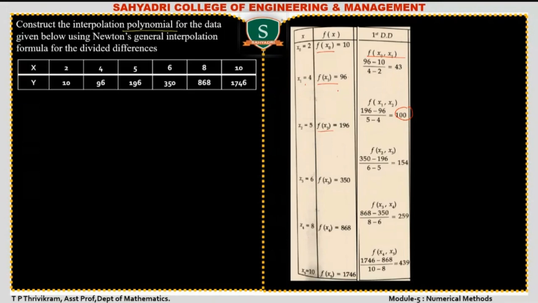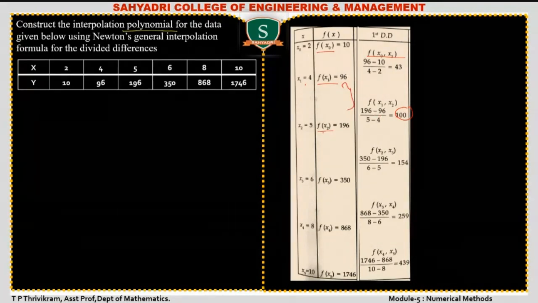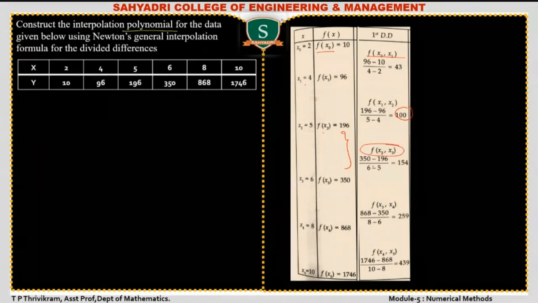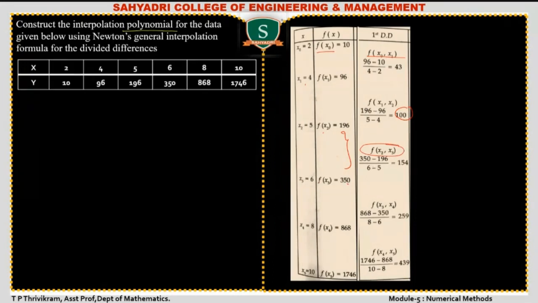We have taken the difference f of x2 minus f of x1, which is defined as f of x1 comma x2. Similarly, f of x3 minus f of x2 gives f of x2 comma x3, defined as 350 minus 196 divided by 6 minus 5, so that is 154.